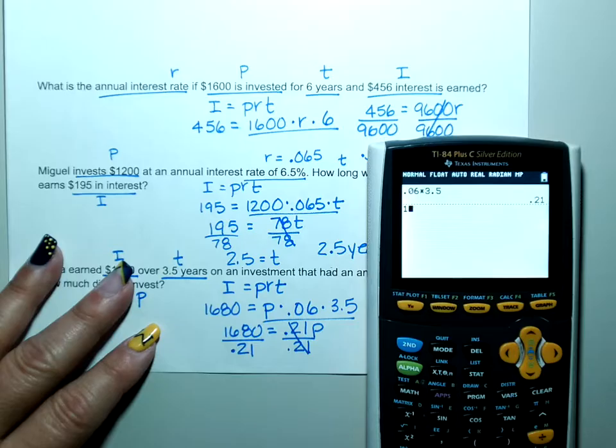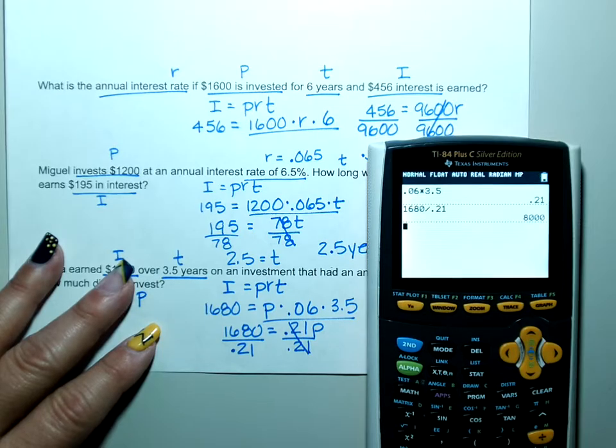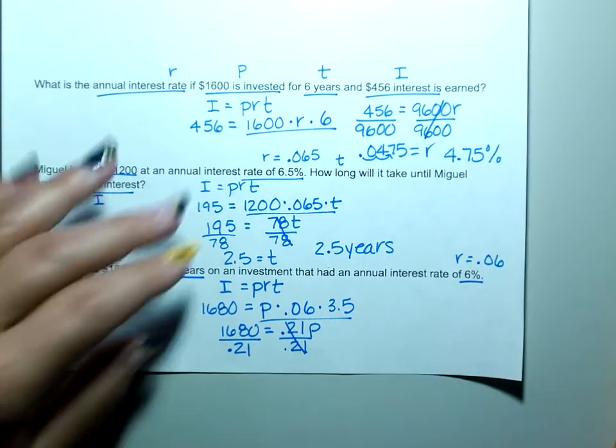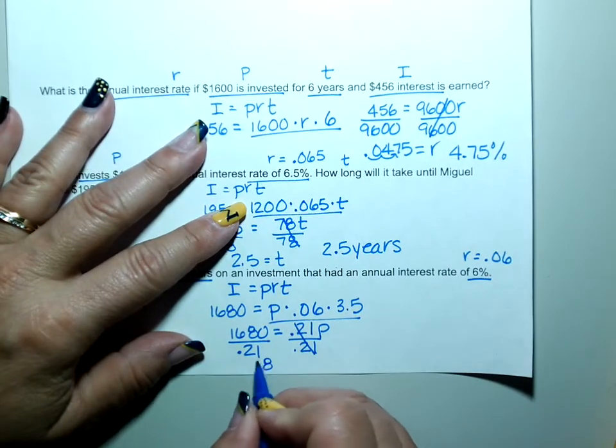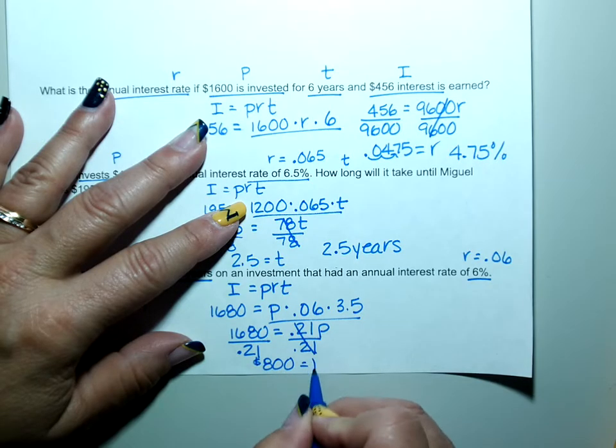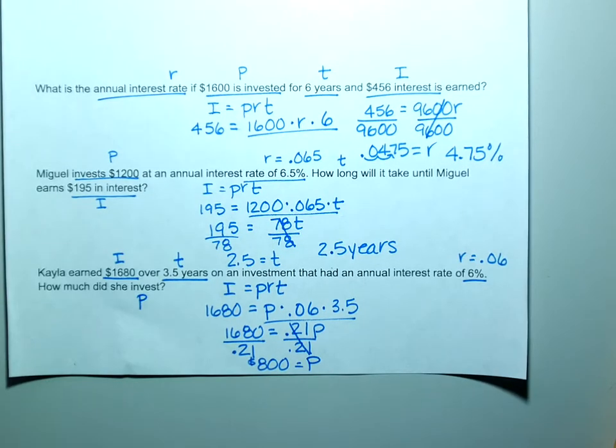So now I have 1680 divided by 0.21, and I get 8,000. So $8,000 is the principal, which is what she invested.